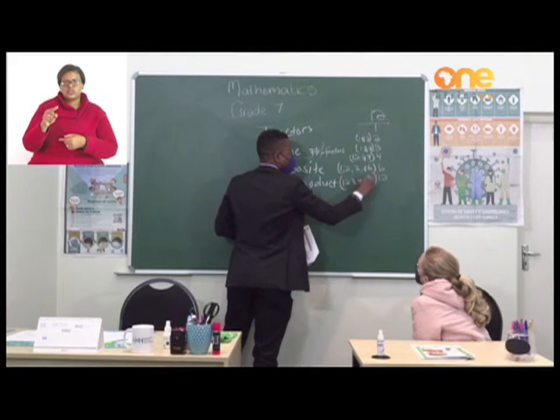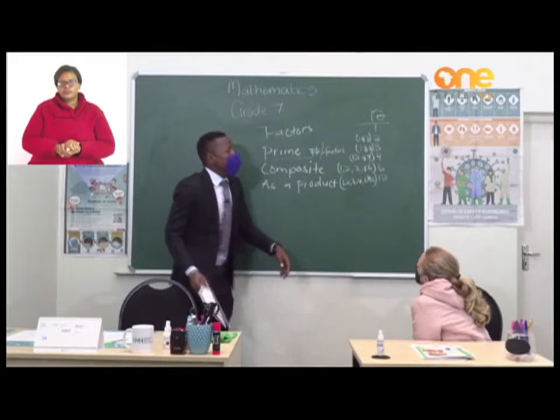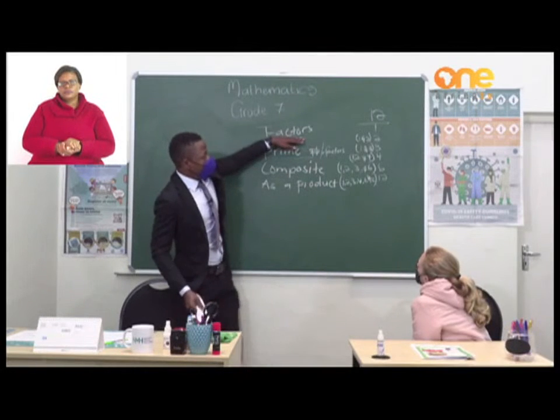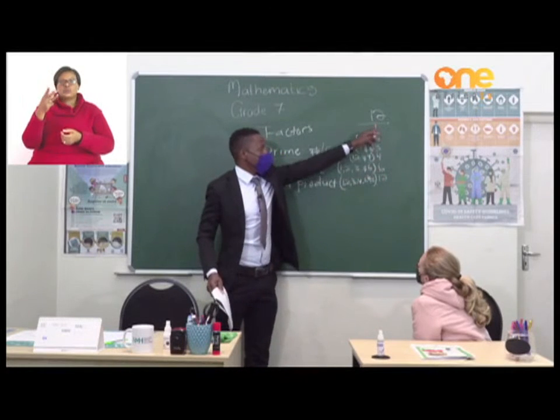I don't have enough space here, so the factors of 12, we have them listed there. There are 1, 2, 3, 4, 5, 6. There are 6.